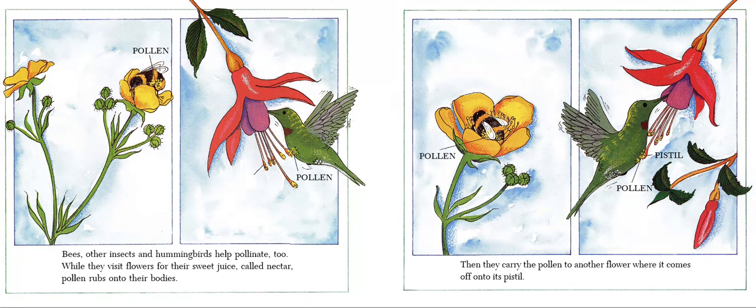While they visit flowers for their sweet juice, called nectar, pollen rubs onto their bodies. Pollen. Then they carry the pollen to another flower, where it comes off onto its pistil. Pollen. Pistil.